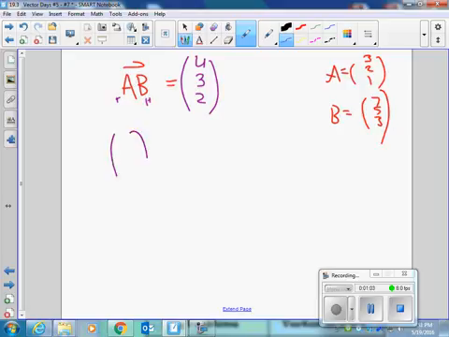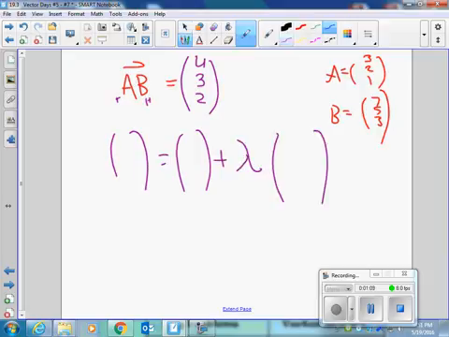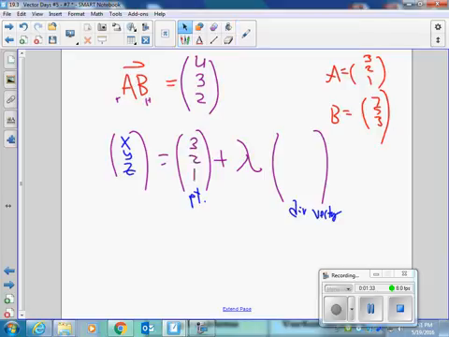The other thing we do is we make a line. And the line has an x, y, z to it usually, but then it has a point and it has a direction vector. So in this case, if we're doing a line through point A going through B, you can pick either A or B for this one. Jake, which point do you like better, A or B? A. Oh, good choice. 3, 2, 1. Nice.